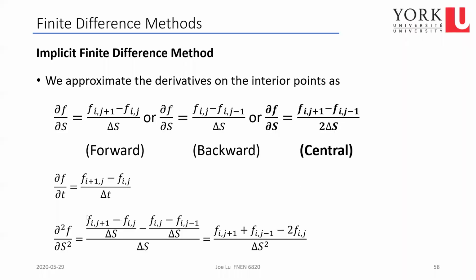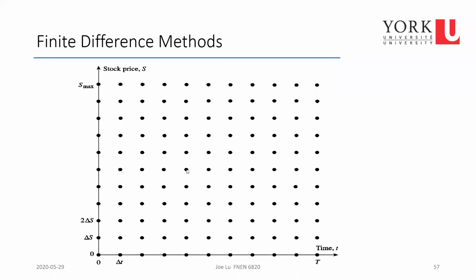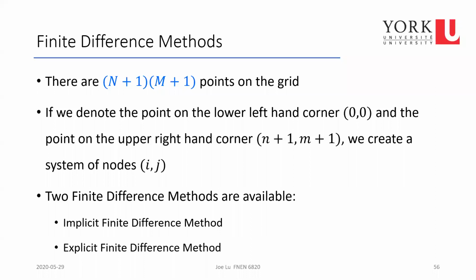Now, if we really look at this, pick a point ij here. The second partial is calculated from the partial derivative of this minus that.